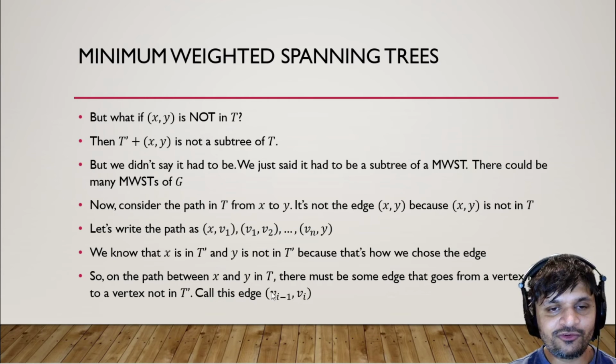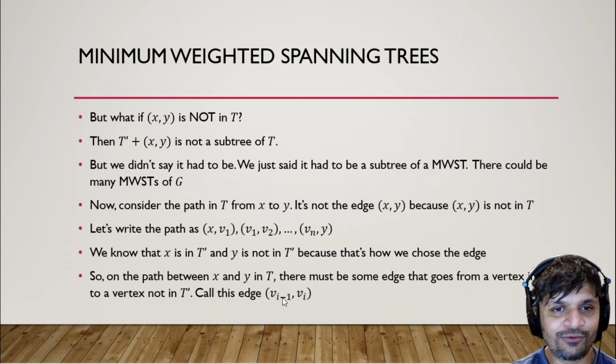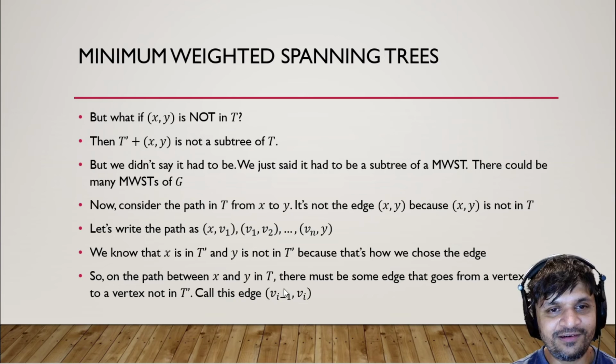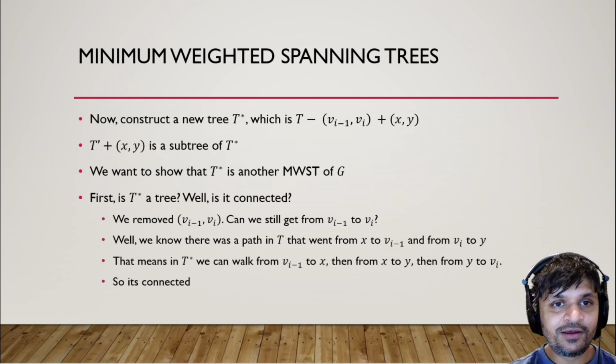So let's call that edge v(i-1) vi. There's no good reason for that. I could call it anything I wanted, I could call it QR. I just decided to call it v(i-1) vi. I have weird preferences.